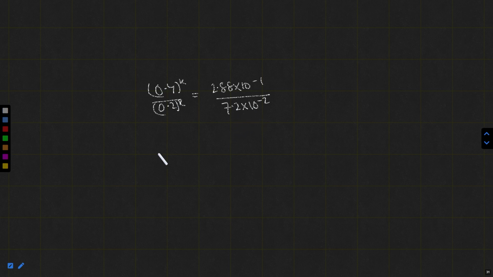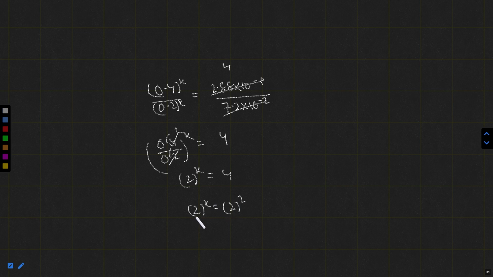Further we can take this in one bracket, raised to the power y. This is nothing but 4. Now we can remove this, that would give us 2 to the power y is equal to 4, or we can write it as 2 to the power 2.